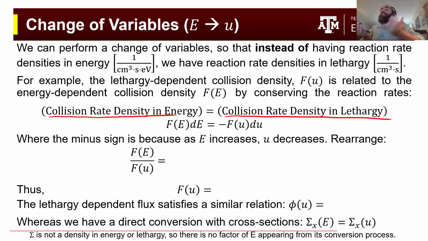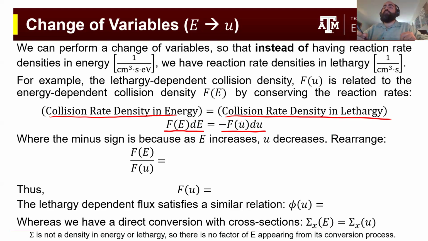They have to describe the same number of collisions per unit volume per unit time. So definitionally, this would be the collision rate density in energy, and this would be the collision rate density in lethargy. There's a minus sign in front because energy and lethargy go in opposite directions. That is, as E goes up, the lethargy goes down.